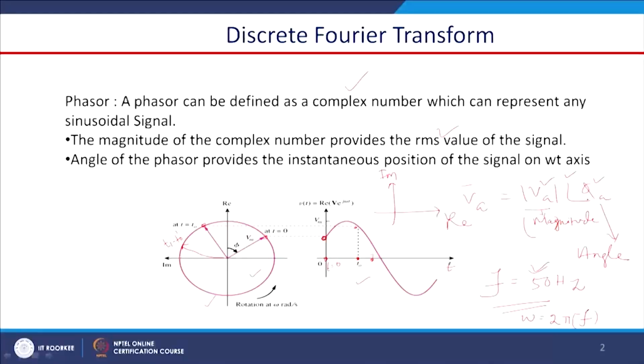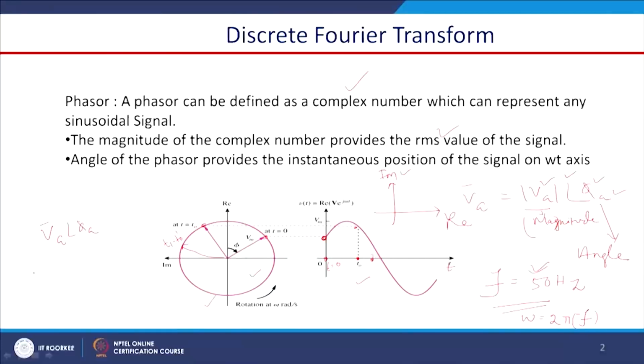At what angle the signal is rotating at a particular time stamp, we can always access. The real axis tells the real part of the phasor, and the imaginary axis tells the imaginary part of the signal. That is the complex form of representation of phasor quantities.